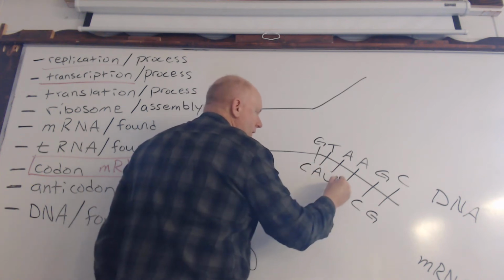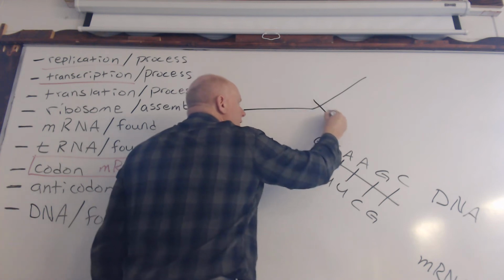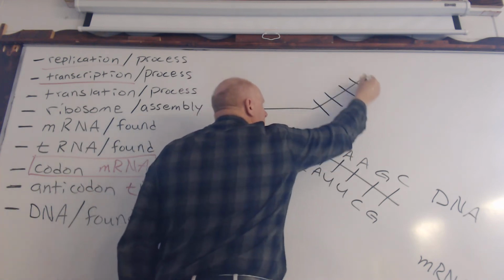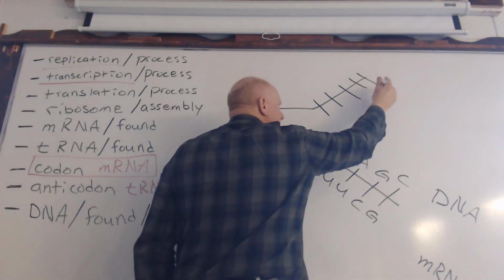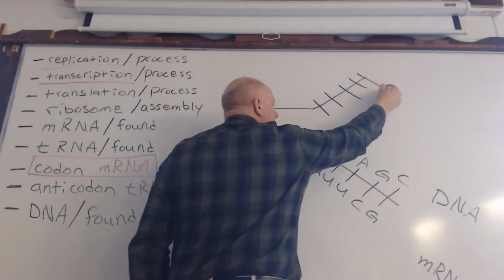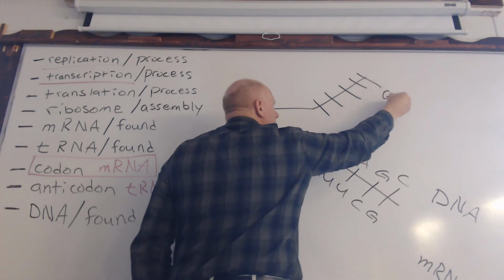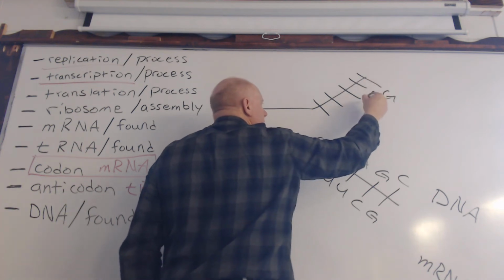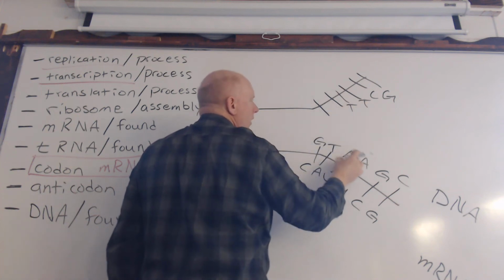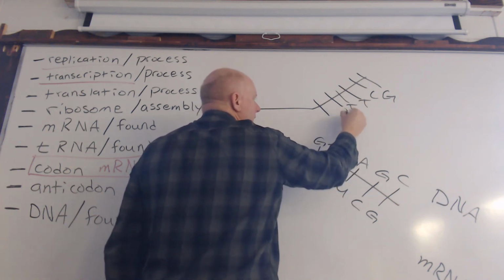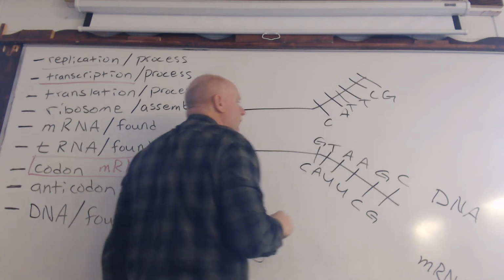Okay. And if we had to put these complementary base pairs for DNA, this is called what? Okay, adenine and cytosine.